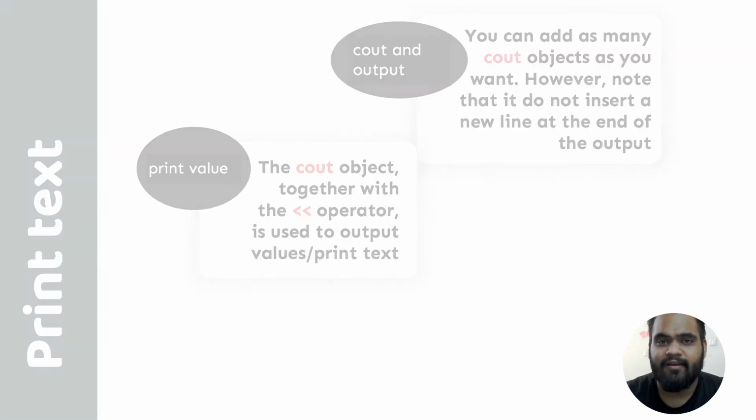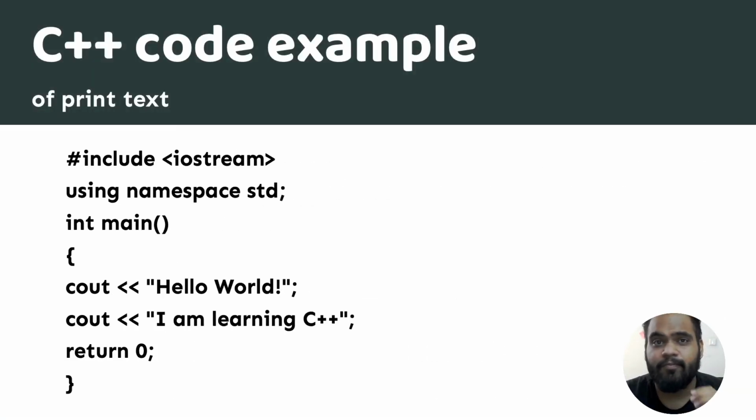Okay, now let's look at a sample program, and we're going to program this as well, of a simple output. What we are doing is saying hello world. It's as simple as that, and this is from the previous program obviously, and the cout is I am learning C++. Very simple, very easy, and we're going to run this program and see how it actually looks.